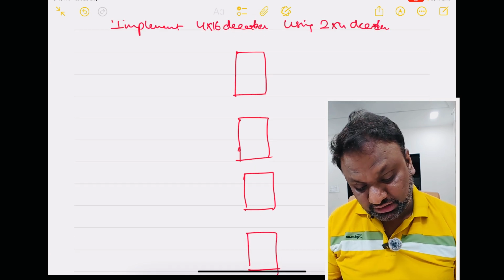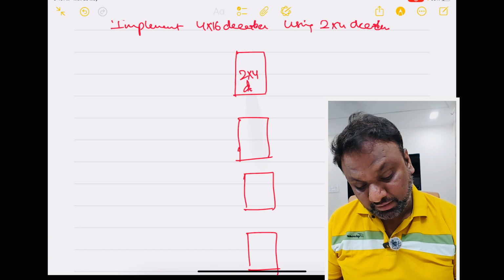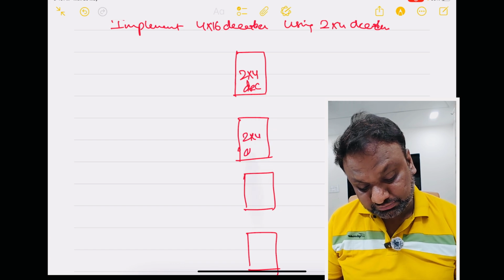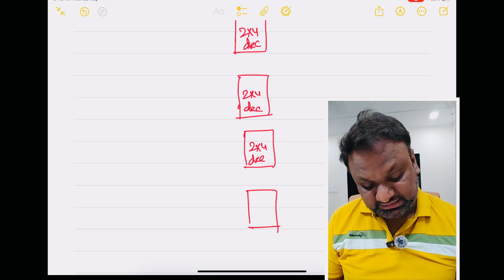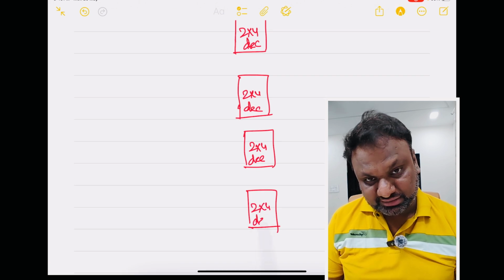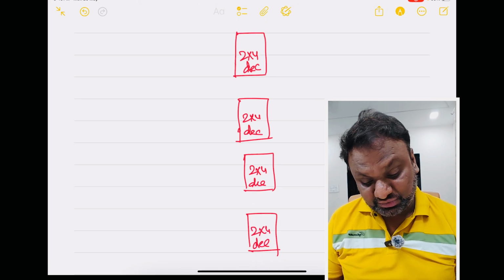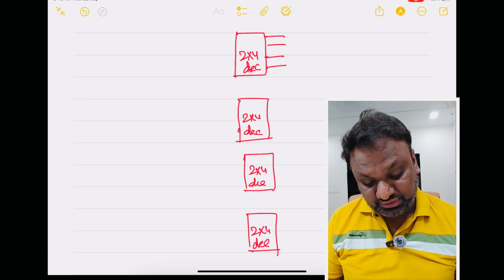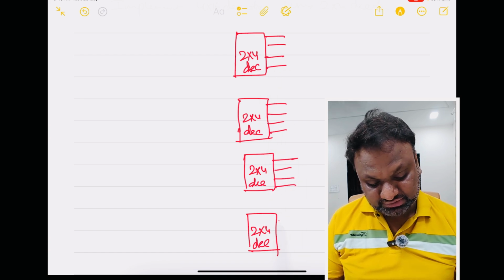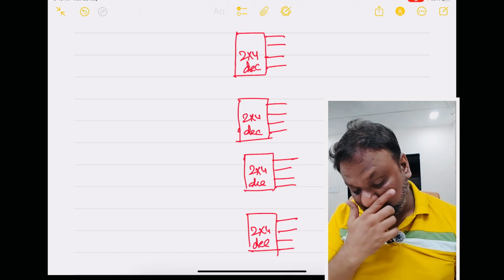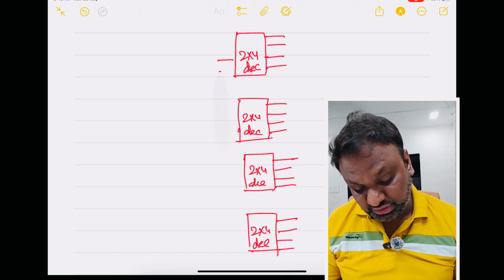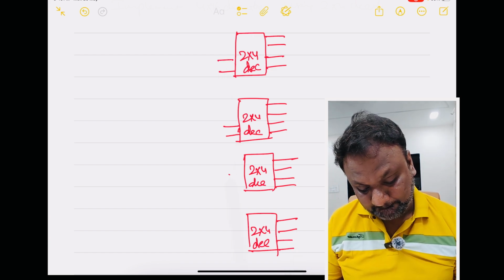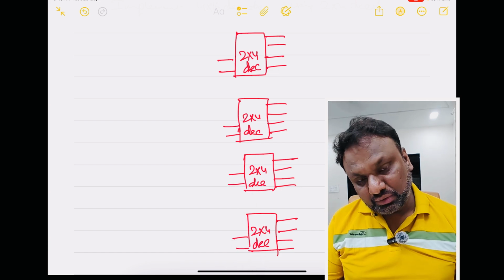Okay, 2 to 4 decoder, 2 to 4 decoder, 2 to 4 decoder, and this is a 2 to 4 decoder, right? So this is 1 2 3 4 5 6 7 8, 1 2 3 4 5 6 7 8. Here I have 2 inputs, right? What are those inputs?